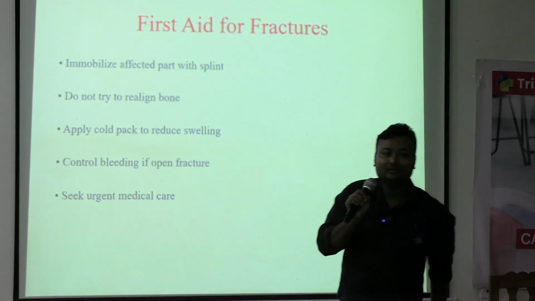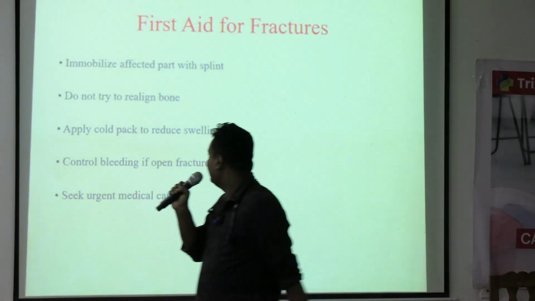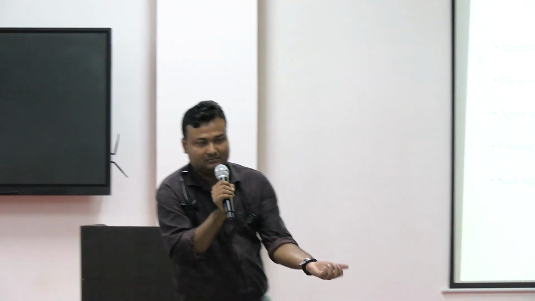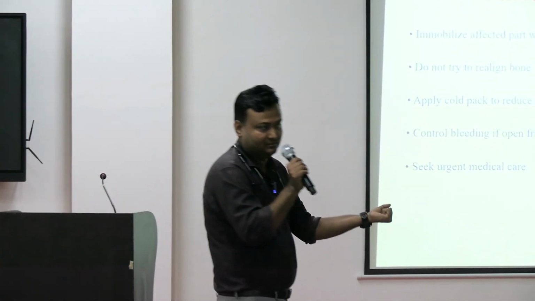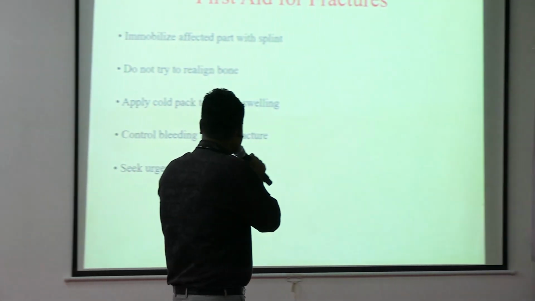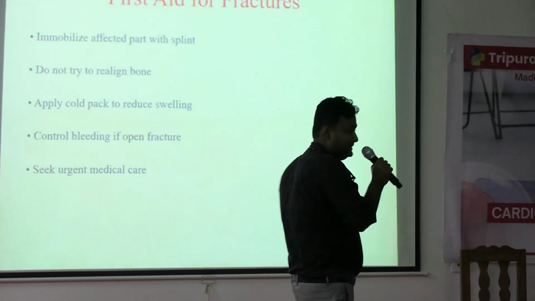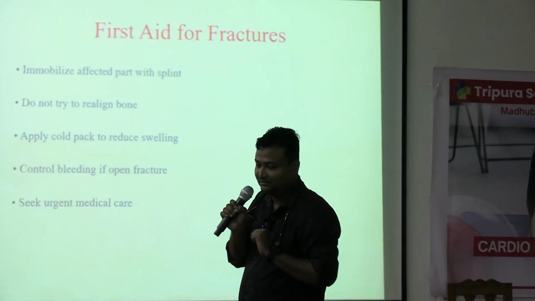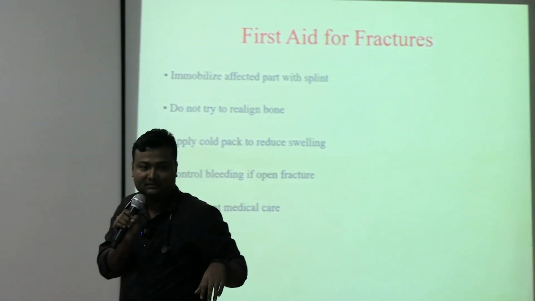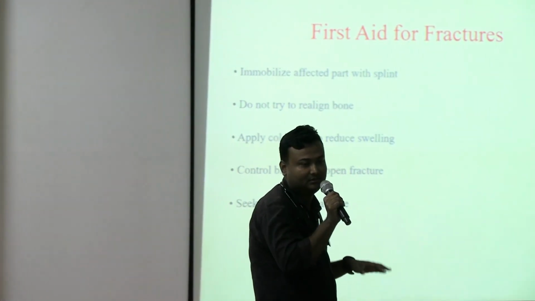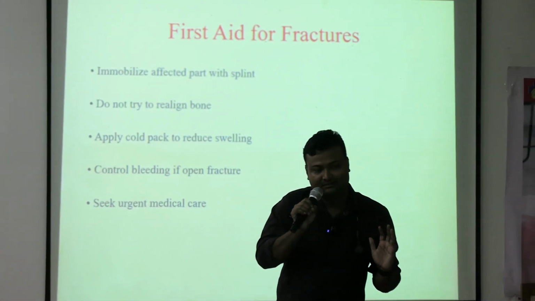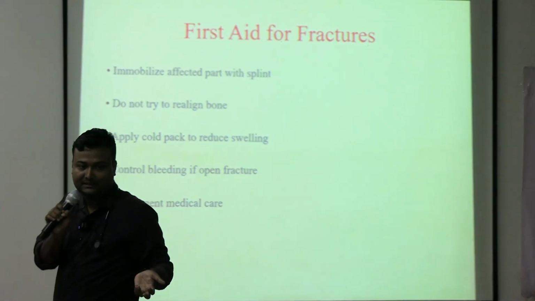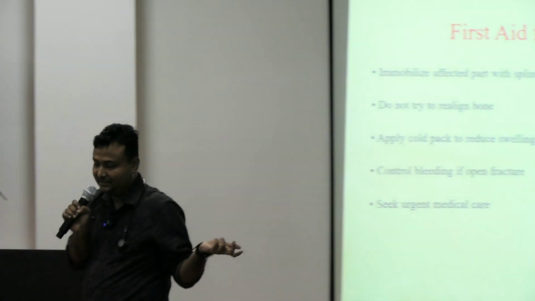It should be immobile. For immobilizing, we can use any stick or any cardboard, in a straight line so that it does not move. Okay. Then if part of the bone is misaligned, any dislocation, you should not try to realign it because it may damage the artery, the nerves, and the tissue also.